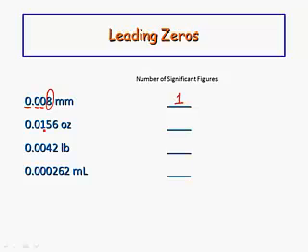Similarly, this one here, we have a 0 to accent the decimal point. This one is a placeholder, and so we have 3 significant figures in this value. 0.0042 pounds has 2 significant figures, and 0.000262 milliliters has 3 significant figures.